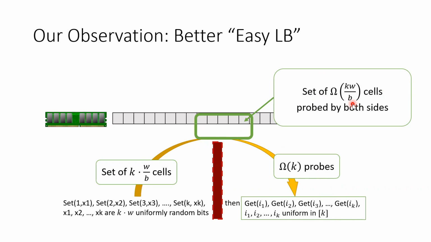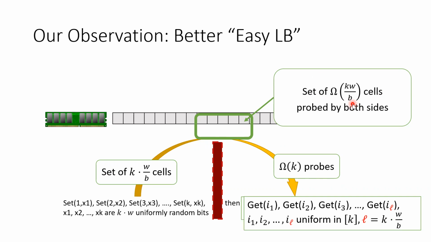So we further changed our sequence to a shorter sequence that has a smaller number of get queries compared to the number of sets, just because we want to make the size of the set roughly the same as the number of queries.